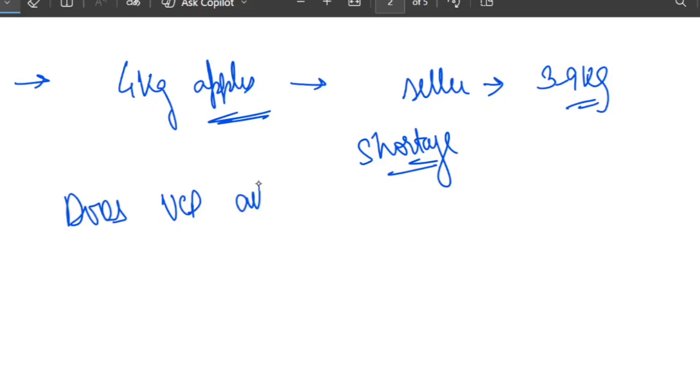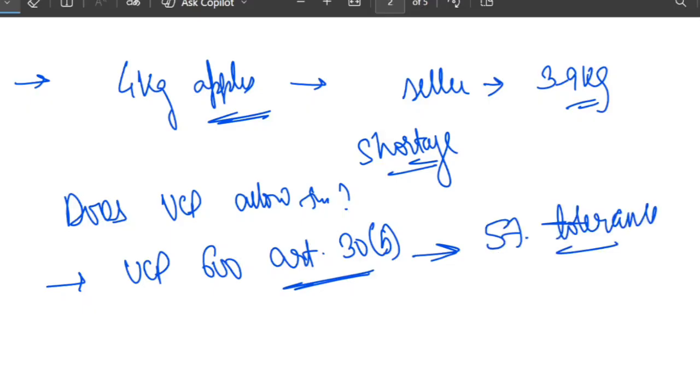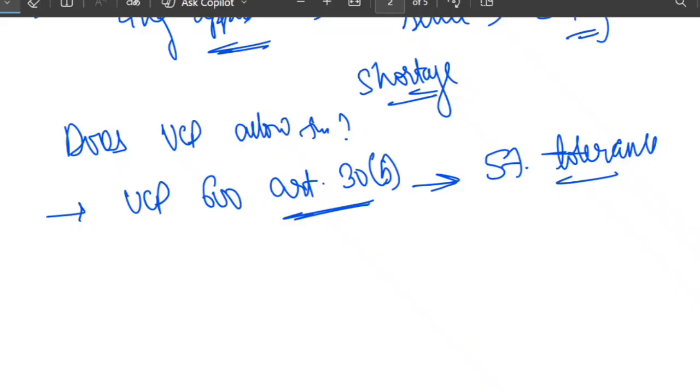Now the answer is, as per UCP 600 Article 30(b), it gives an automatic 5% tolerance for quantity. But there are some conditions.